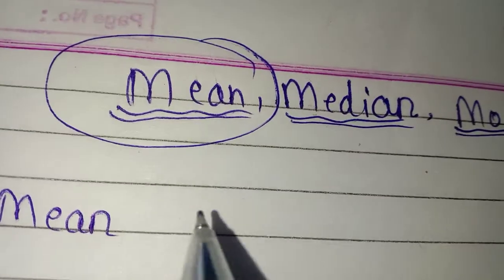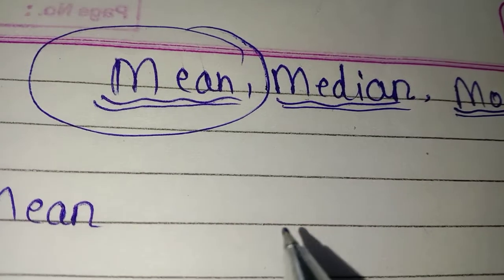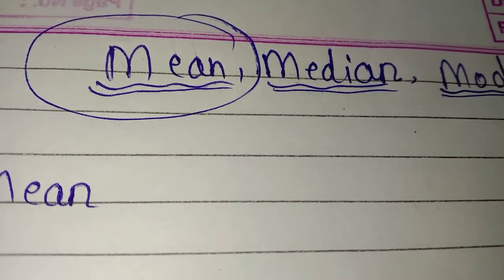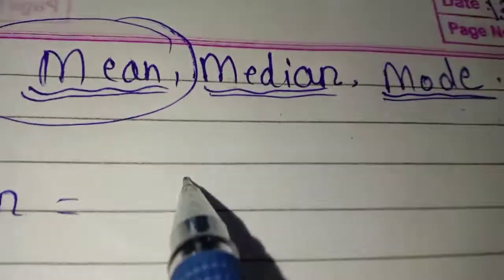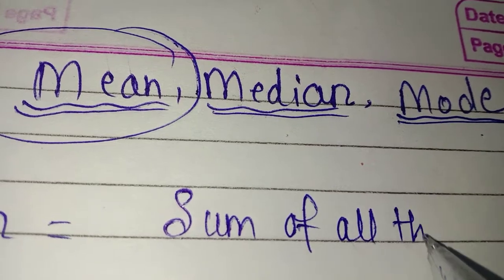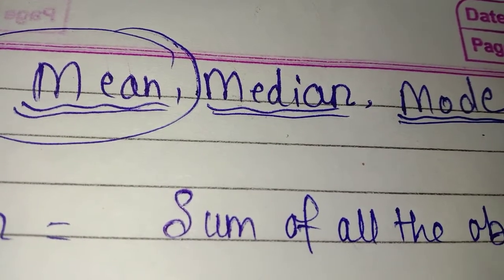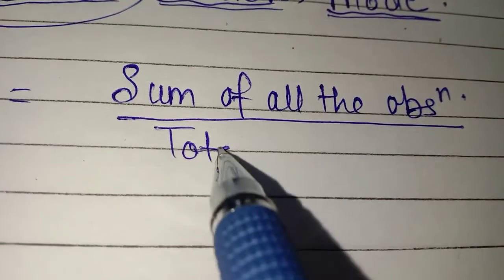The collection of total objects divided by their total number is derived as what? Mean. So simply, mean is defined as the sum of all the observations divided by the total number of observations.